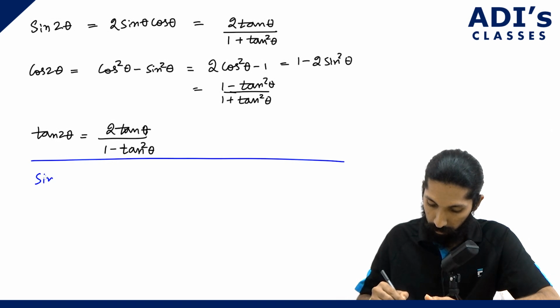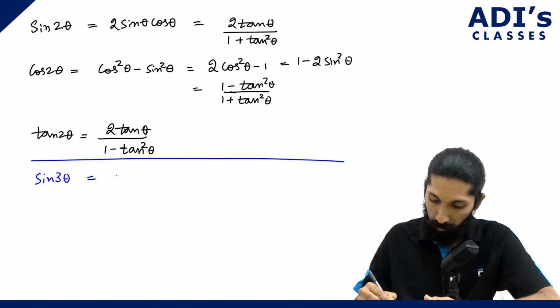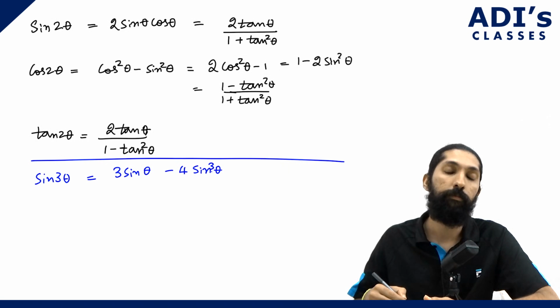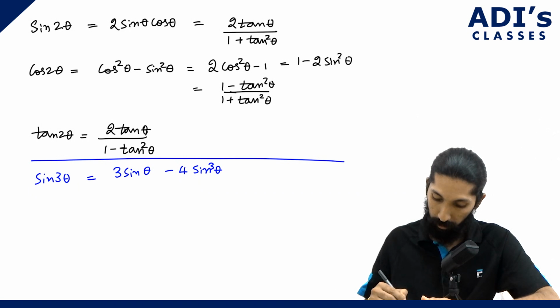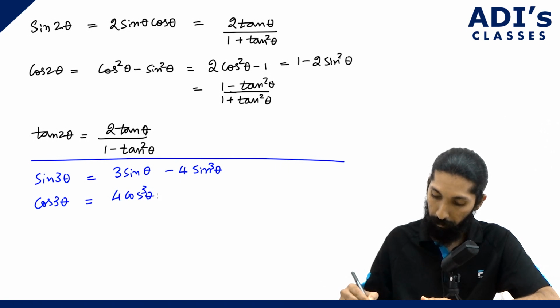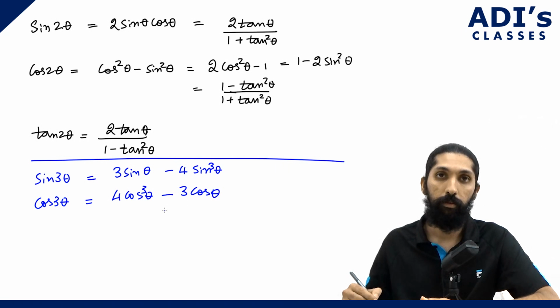sine 3 theta? This is 3 sine theta minus 4 sine cube theta, right? Then if you have cos 3 theta, 4 cos cube theta minus 3 cos theta, right?